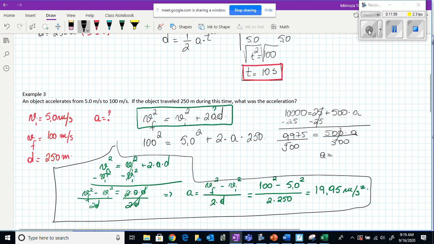Then acceleration should be the same number, 19.95 meters per second squared. So it's the same result. However, since the lowest number of sig digs is 2, the final answer will be acceleration is equal to 20 meters per second squared as a result of rounding the numbers.